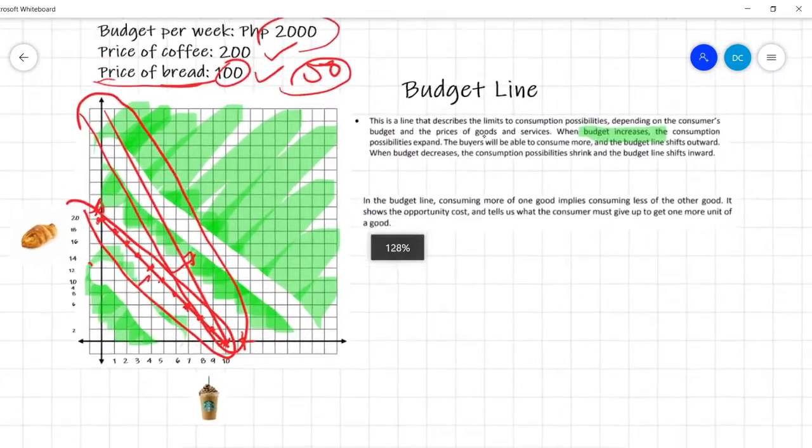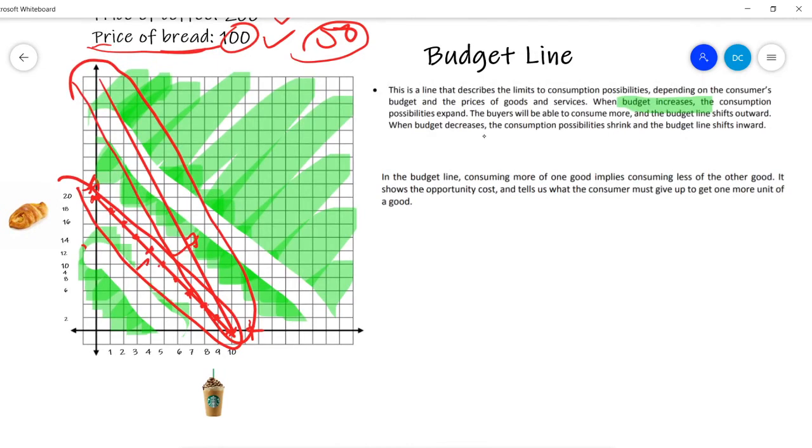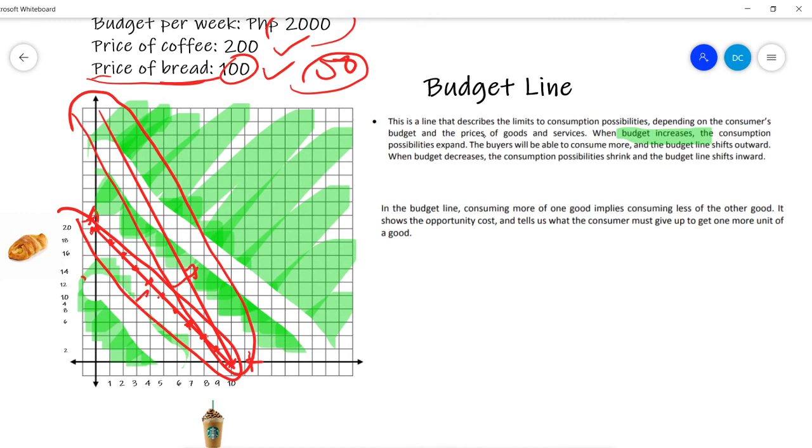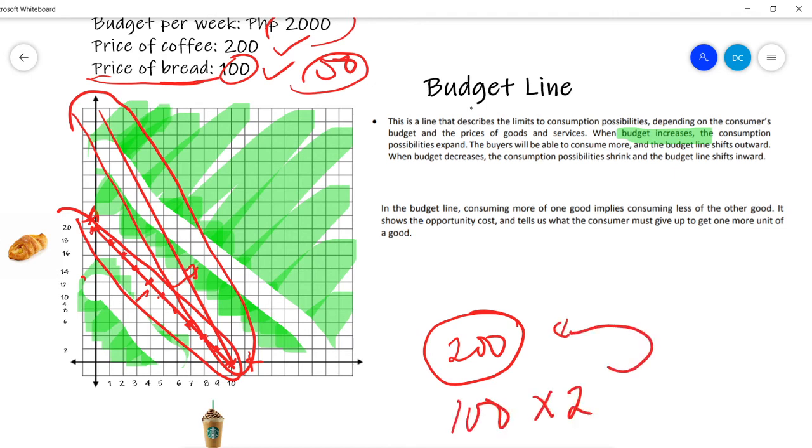Now, in here, makikita natin yung application ng opportunity cost. Okay? So, saan? Remember that the price of the coffee is twice as much the price of the bread. Meaning, for you to be able to buy additional coffee, you have to give up two breads. Kasi nga, 100 pesos yung bread, 200 pesos tong coffee. For you to get another cup of coffee, you have to give up 2 breads para mabili mo yung additional coffee.